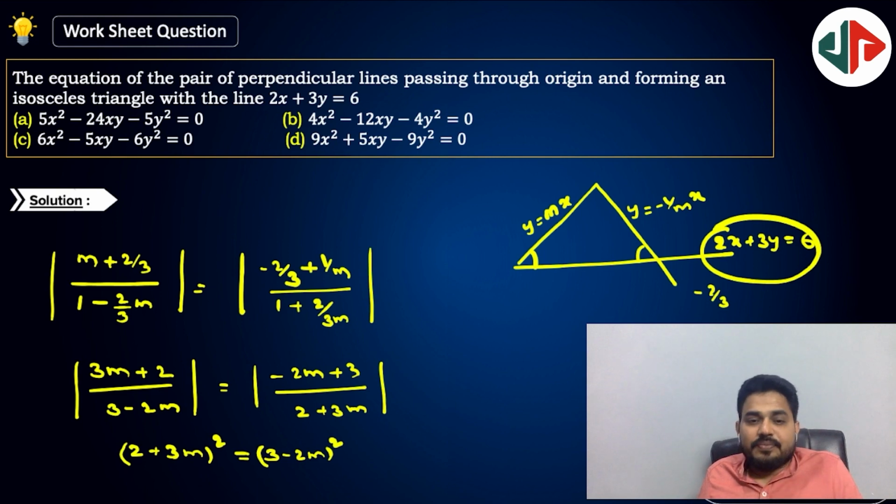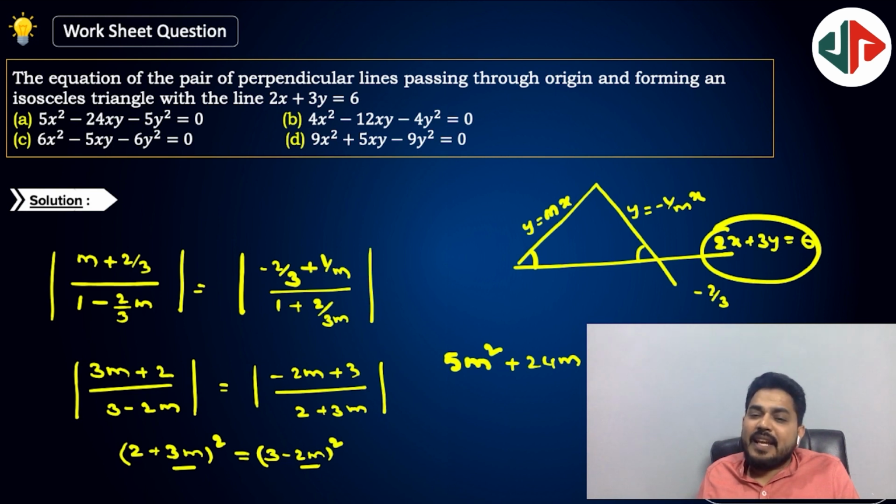So it is 9m square minus 4m square, 5m square. 2 3s are 6, 2s are 12, and this 12 that side, plus 24m minus 5 is equal to 0.